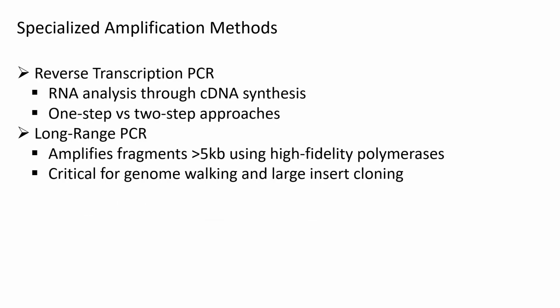Then you have long range PCR, in which you can amplify DNA which is more than 5 kilobases, so you need high fidelity polymerases. These are usually used for sequencing applications, or site directed mutagenesis applications.